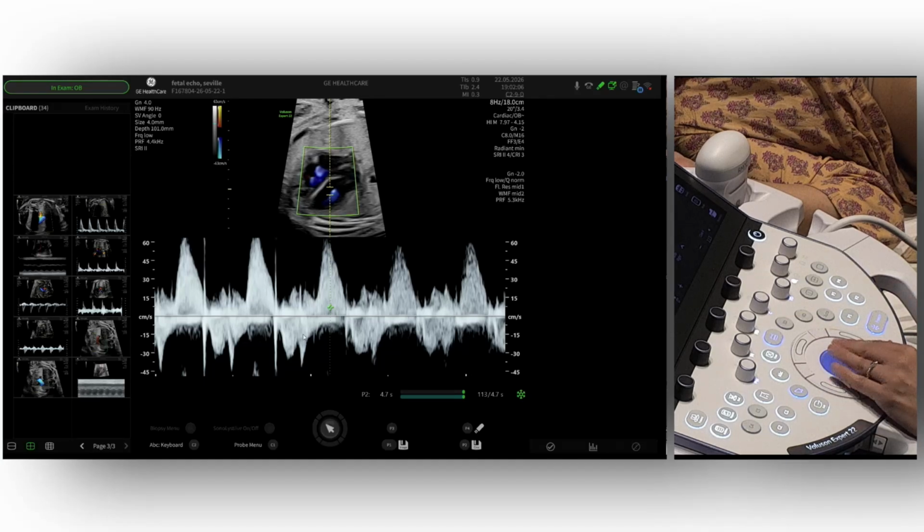So here we have in negative, because it's in blue, the inflow, which is biphasic. We have the early filling and then the atrial contraction. That means that when the mitral valve opens, there will be some passive flow going into the ventricle. That's the early diastole inflow.